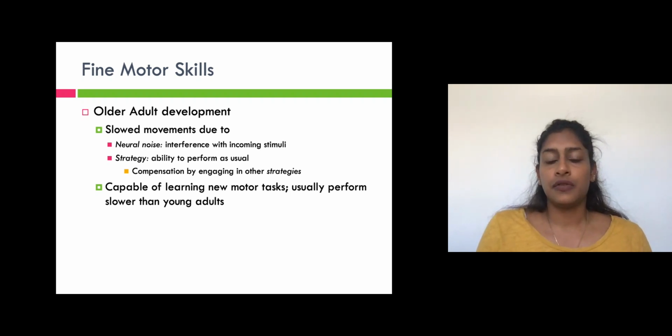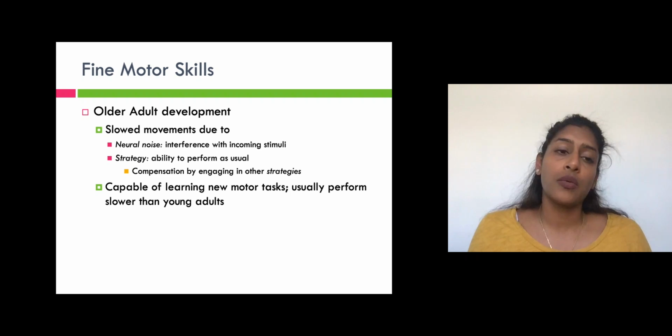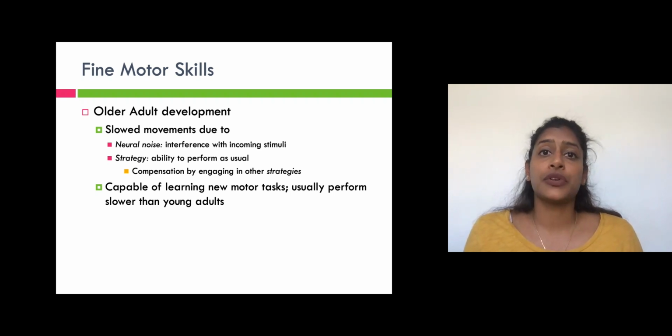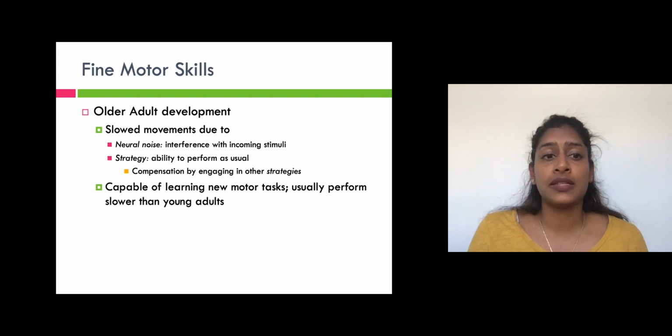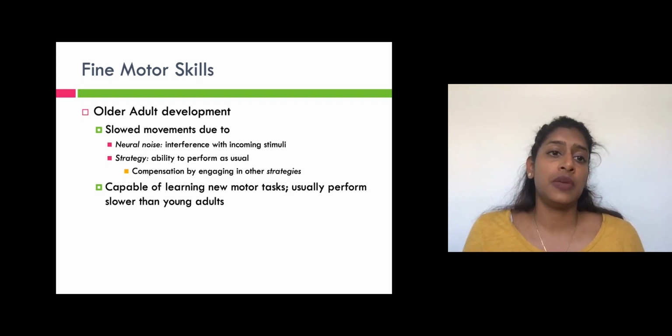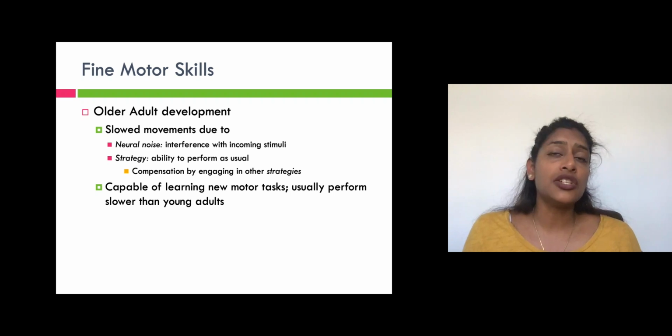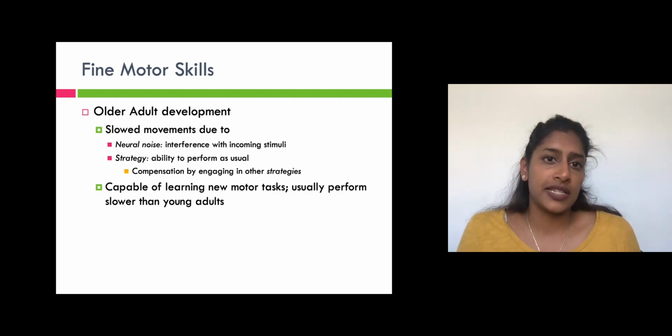Across the board, when we're looking at older adult development, we do have a slowing in our movements. There can be a lot of reasons for this. It could be related to the stimuli that we're taking in, the interference of that. Now, we engage in compensation, so sometimes we may not really see some of the deficits when we are first experiencing them.